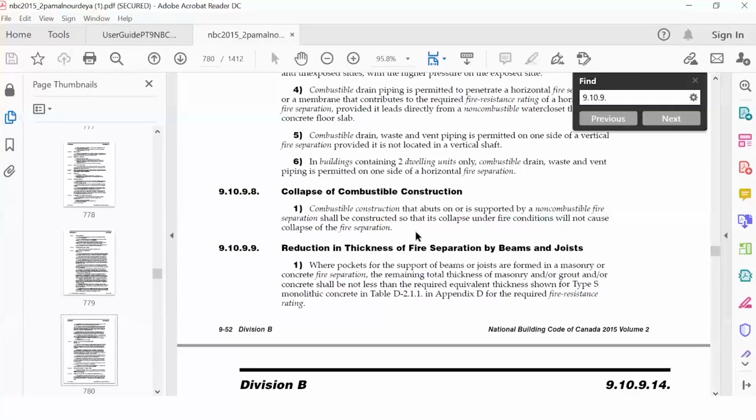So it's a fire separation for the time it's allocated. When you're doing mixed types of construction, it's always critical that you separate the combustible construction somehow so that its collapse will not cause collapse of the non-combustible fire separation.